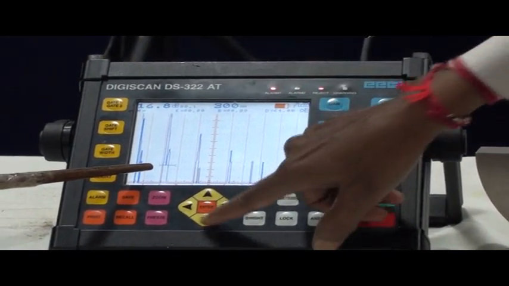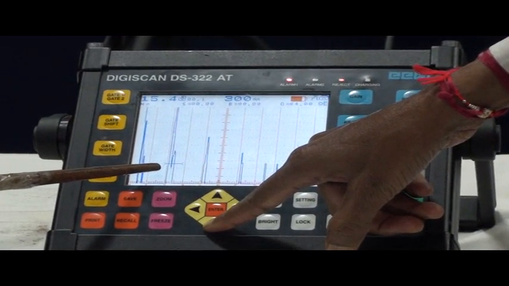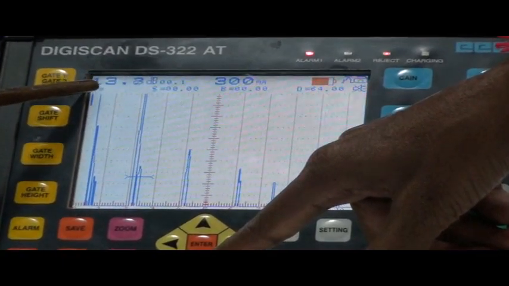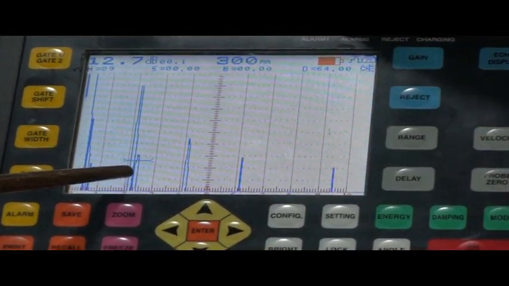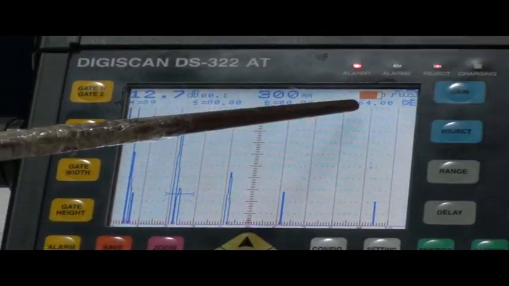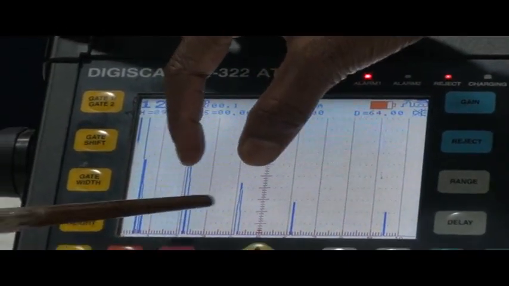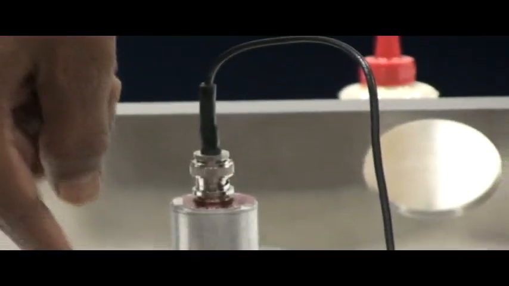So here gain is more, so first we will reduce it and we can make it to the readable size. Okay. Now here we can see that here D is 64. Our purpose is that we have to see the distance between these two echoes, and it should always be 60, because this thickness from here to here is 60.